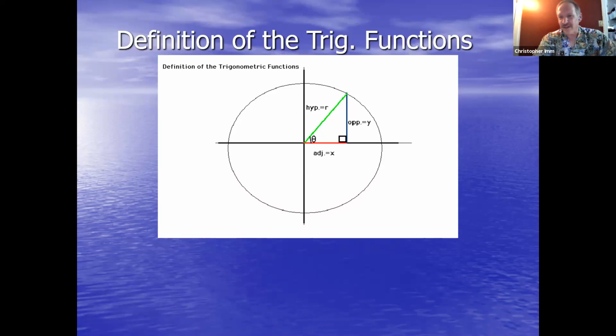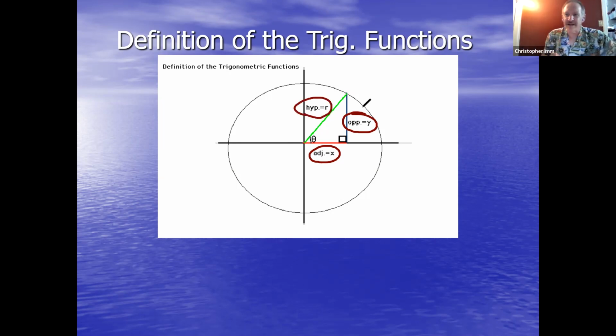The side that is closest to that angle is called the adjacent side, or we can call it x. The side opposite the angle is going to be the opposite side, which we call y. And then of course, the longest side is always the hypotenuse.